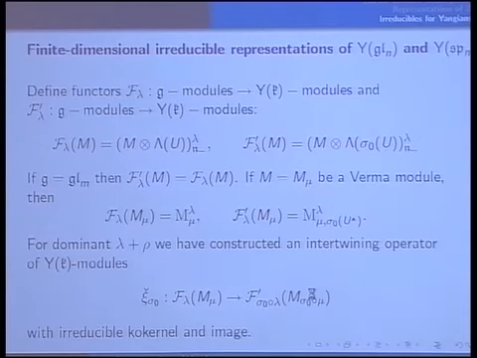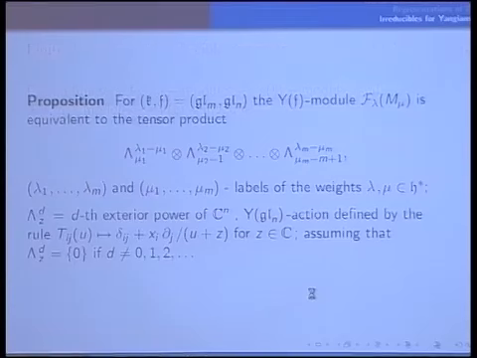And what I told before says that if lambda plus rho is dominant and mu is arbitrary, then there are intertwining operators of Yangian models, and kernel and image are irreducibles.